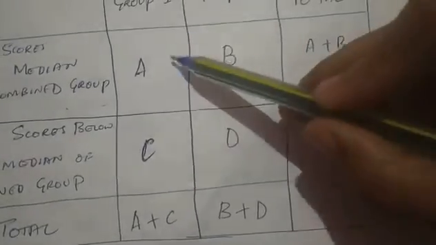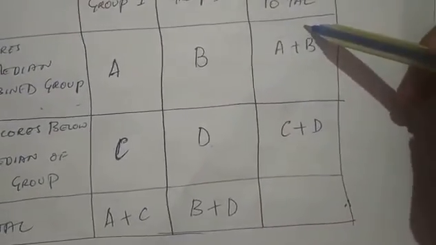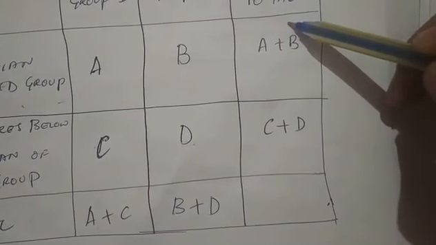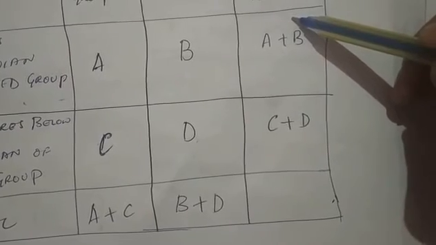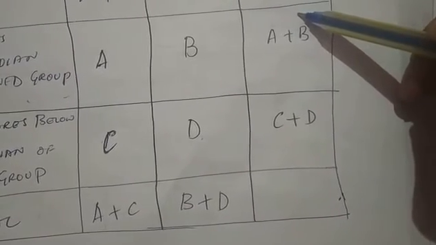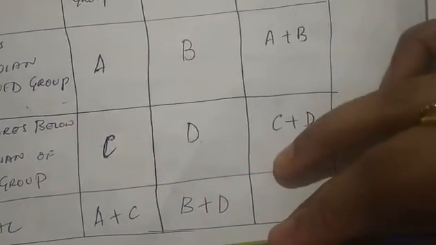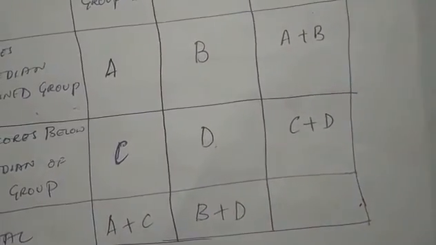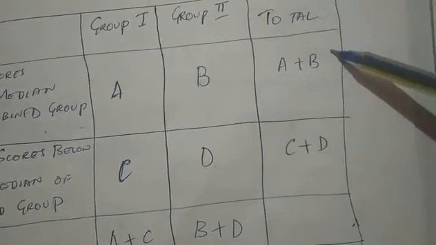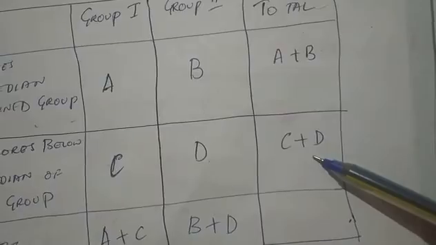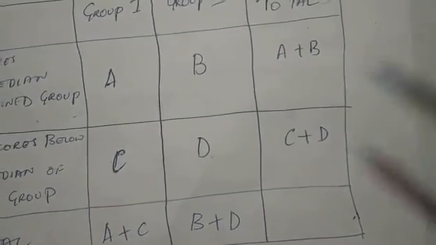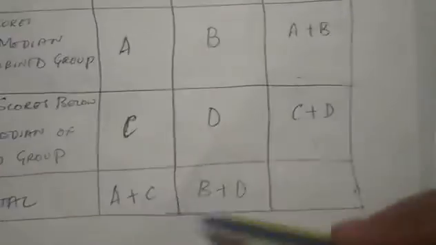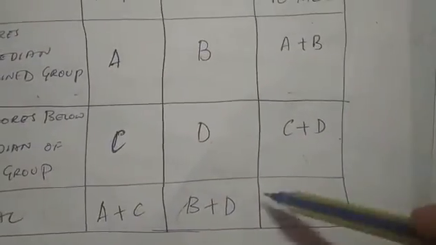Then we have A plus B, A plus C, B plus D, C plus D. So the formula is A plus B, C plus D, A plus C and B plus D. The denominator will hold these totals, and these totals are multiplied with one another. This is the formula.